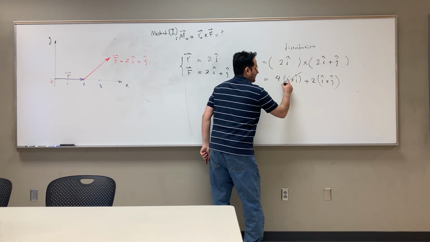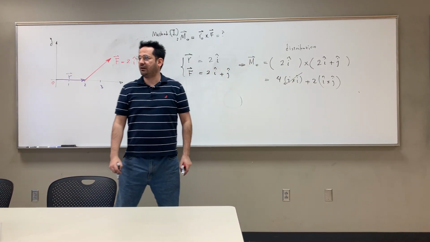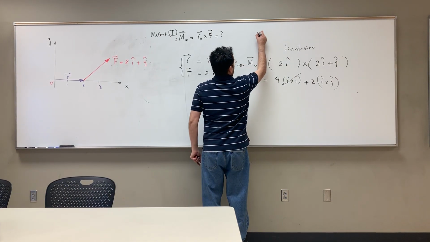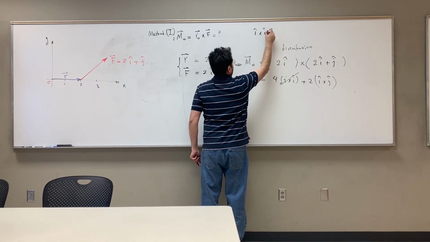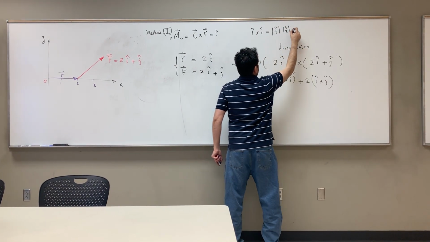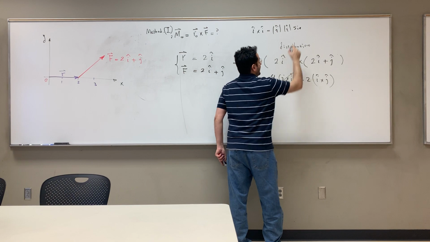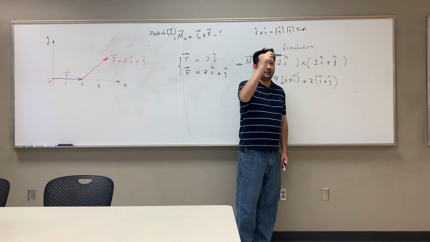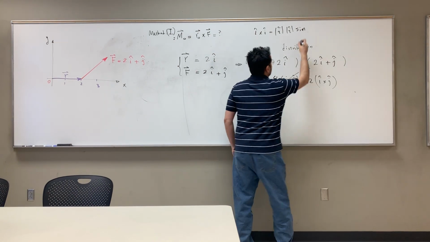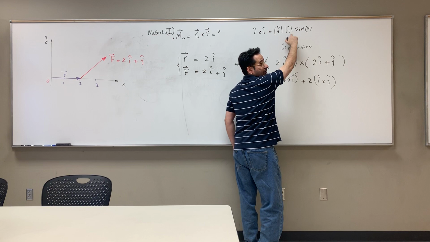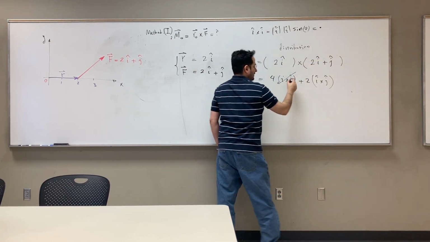So what's i cross i? 0. Because i cross i is simply the magnitude of the first one times the magnitude of the second one times sine of the angle between these two vectors. What's the angle between a vector and itself? 0, right? And sine 0 is enough to make everything 0, because the magnitudes are 1. So this guy is 0.